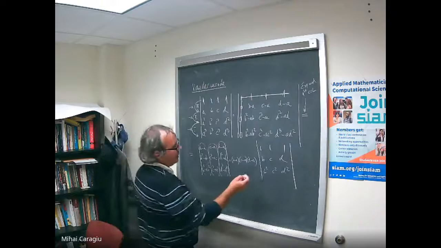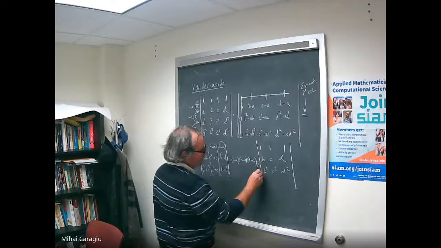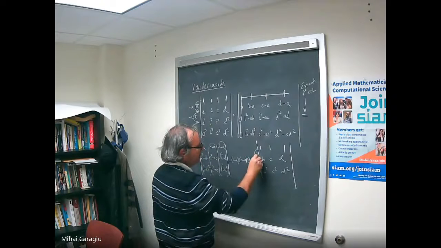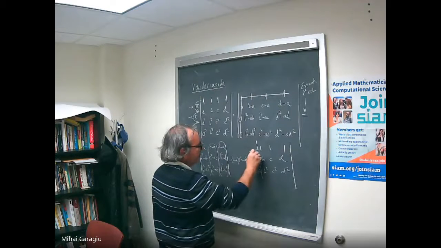So multiply the second column. The first step will be this one, minus B, that's the first, and then minus B here is the second step.